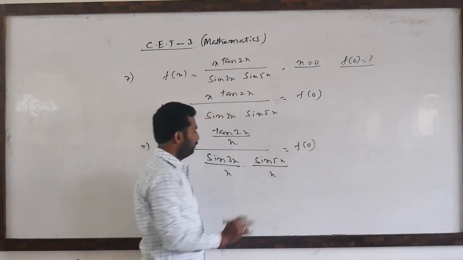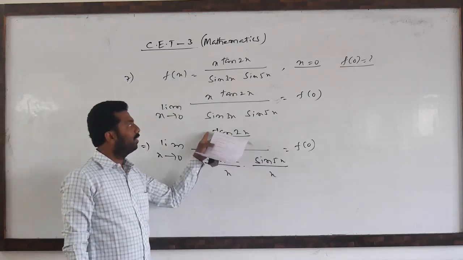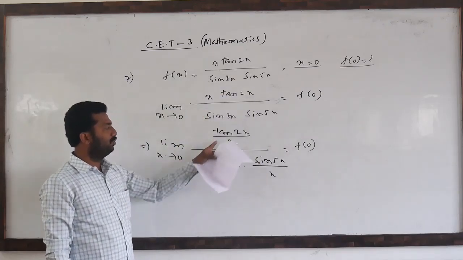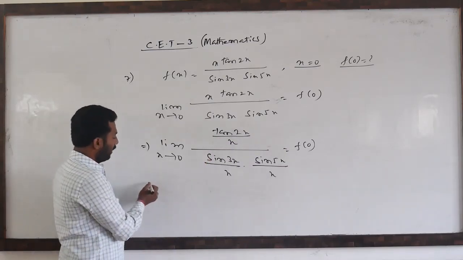You observe the x cancels, and the denominators go to the numerator, so the same function comes again. Just divide numerator and denominator by x square.